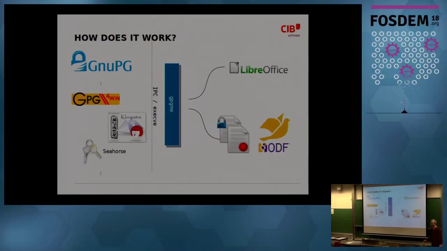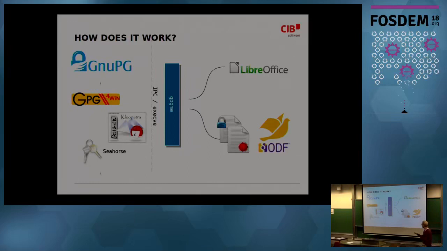Okay, so how does it work? LibreOffice does not very much with the actual signing. We use existing toolkits like the GPG agent and the GPG program that is already there. So we also can't make big mistakes with the actual signing process. There is some inter-process communication between LibreOffice and the GPG agent.